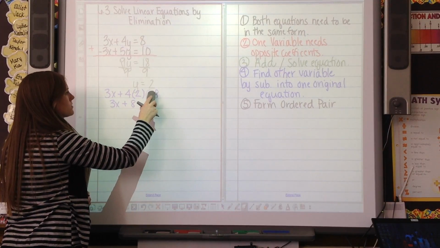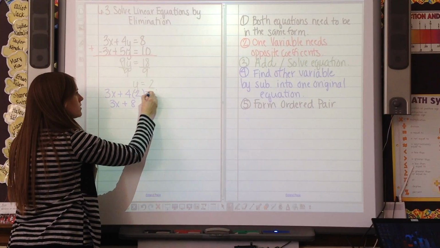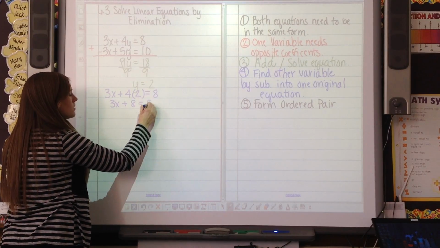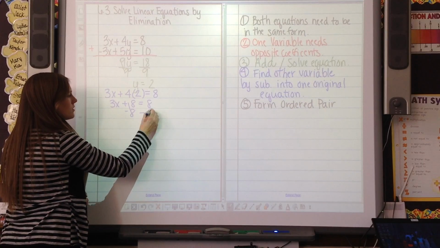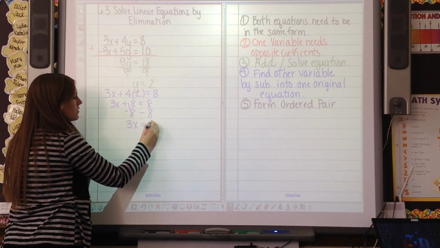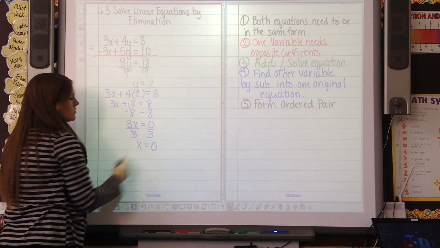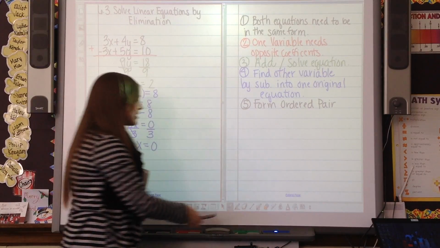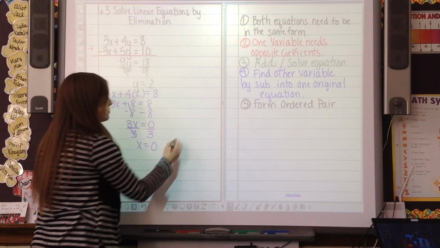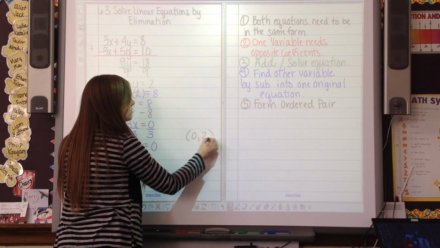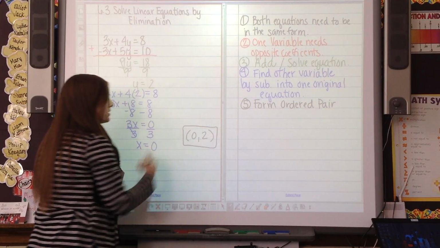This should say equals 8. Minus 8. So now that I have an x value and a y value, I can write my answer as an ordered pair. 0, 2 is my final answer.